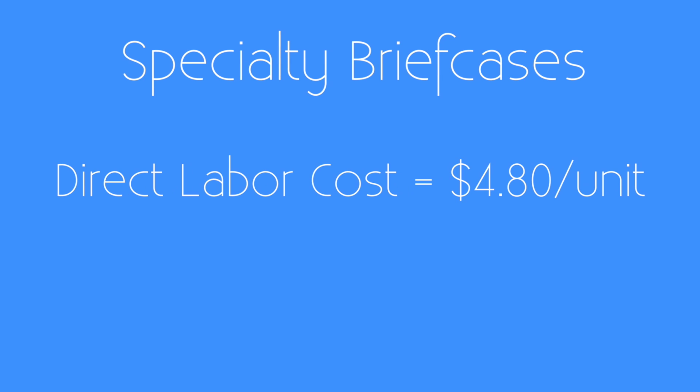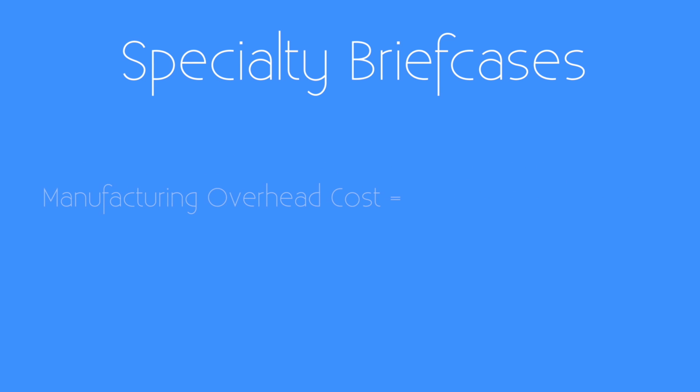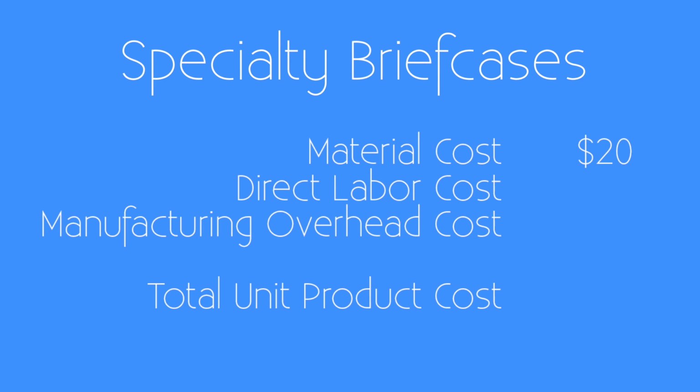This yields $4.80. As we found out in the last question, the per unit manufacturing overhead cost is $21.68. Add all this up and you get a total unit product cost of $46.48 for the specialty briefcases.